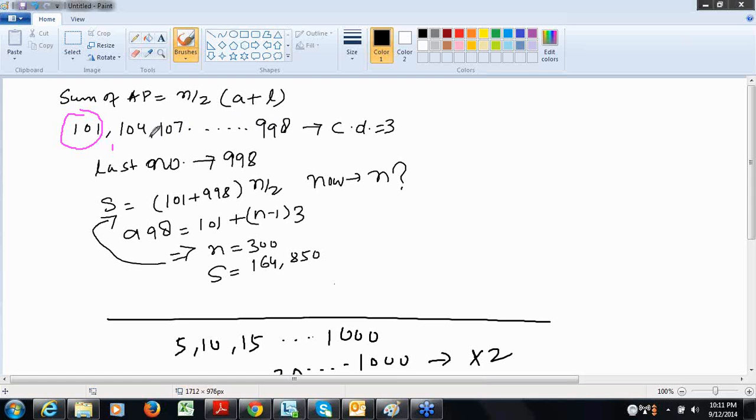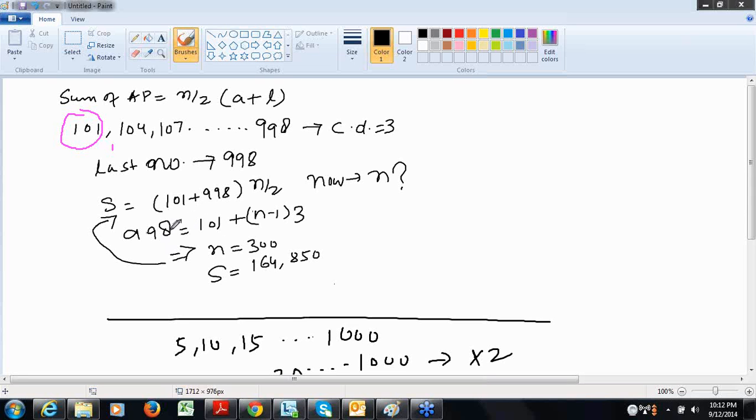So what we have to find is simply the sum of 101, 104, up to 998. The sum will be (A plus L) into N by 2. Here A is 101, L is the last number 998, into N by 2. We don't know N, how many numbers there are. How can we find N? This is an AP, the last number is 998 and 101 is the first.